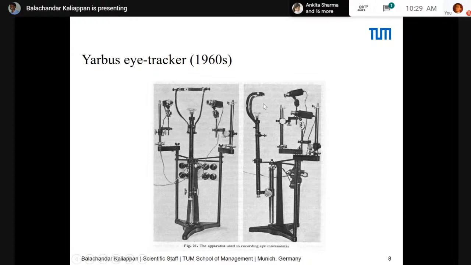So any person whose eyes are to be tracked basically goes and sits there, and they keep their head still. And when they keep their head still, the cameras will capture the movements of the eye, and that will be tracked. So this is the first basic setup of eye tracking. Now we have modern eye trackers, but we should also know why this eye tracker is essential to understand human decision making.